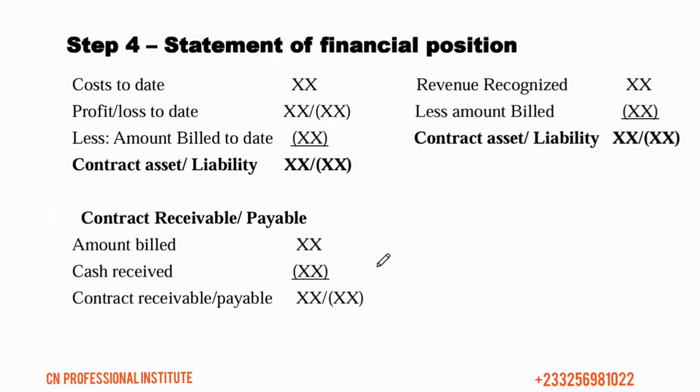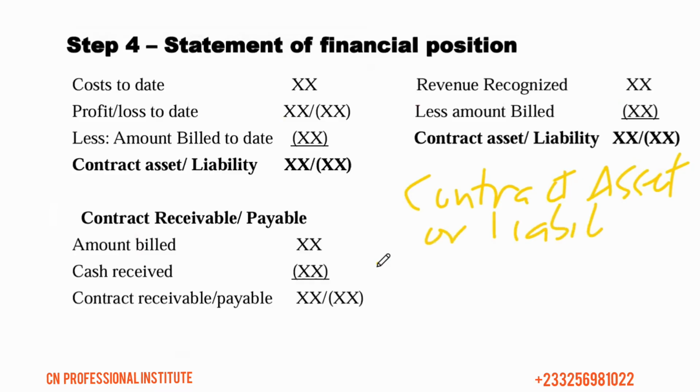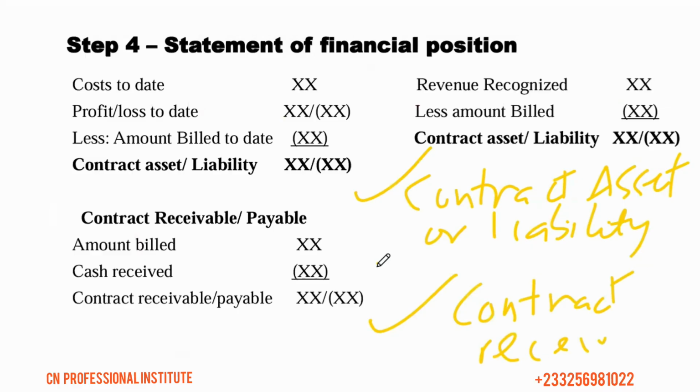Now, in the statement of financial position, we calculate two things. One is what we call contract asset or liability, and then two, contract receivable or payable.